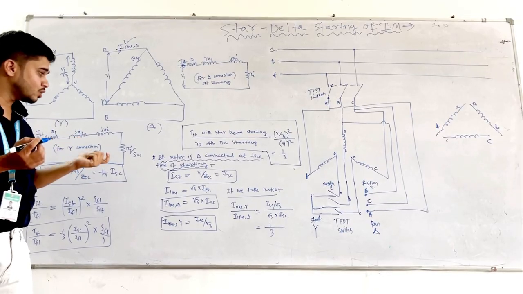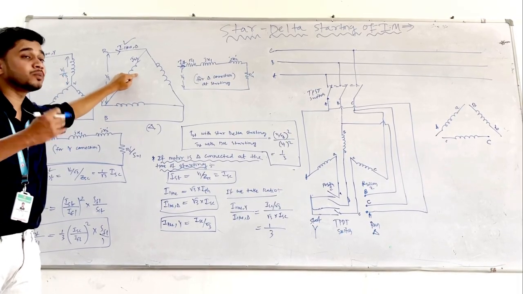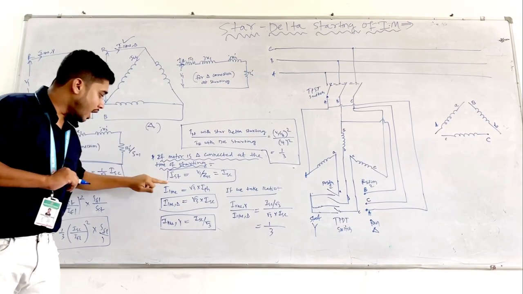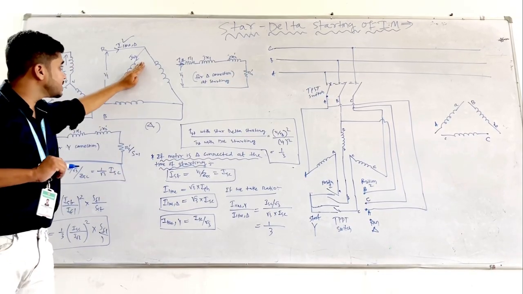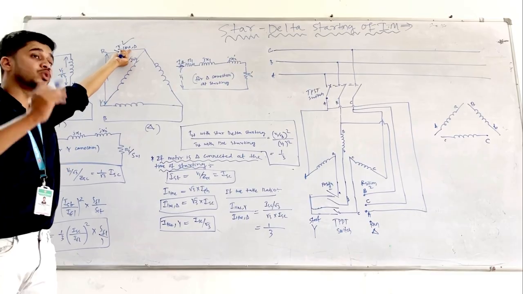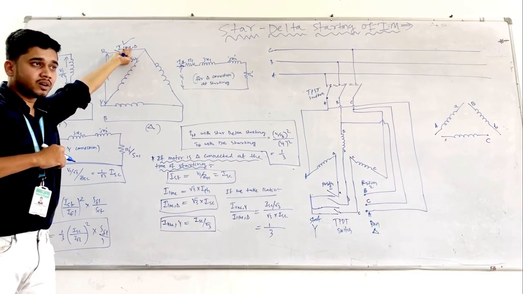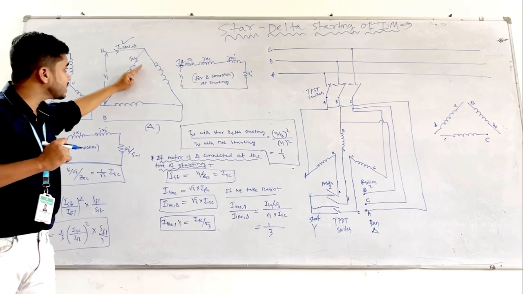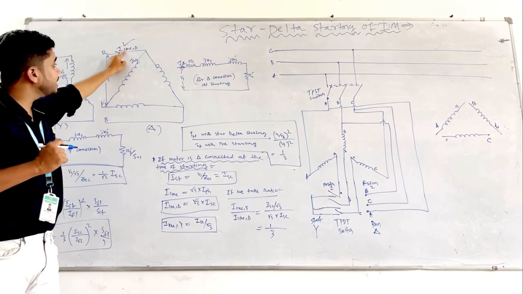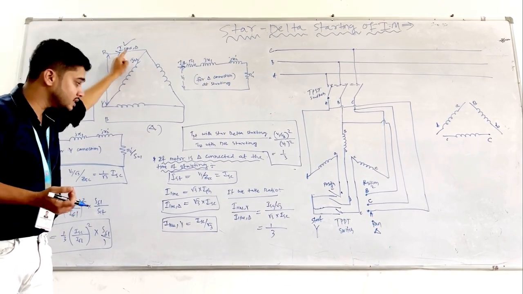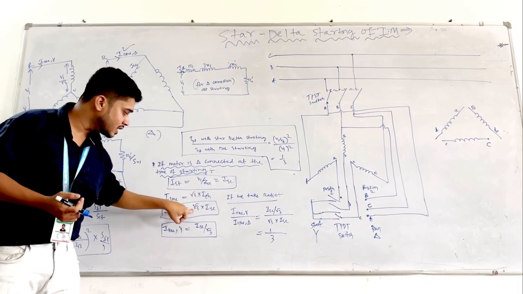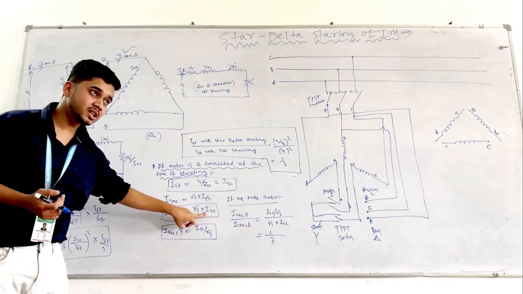How to calculate the line current? If this is ISC, this current must be root 3 times ISC, because line current is root 3 times the phase current. The phase current is ISC, so the line current should be root 3 times ISC. That's why I have written over here that the line current in the delta connection is root 3 times ISC.